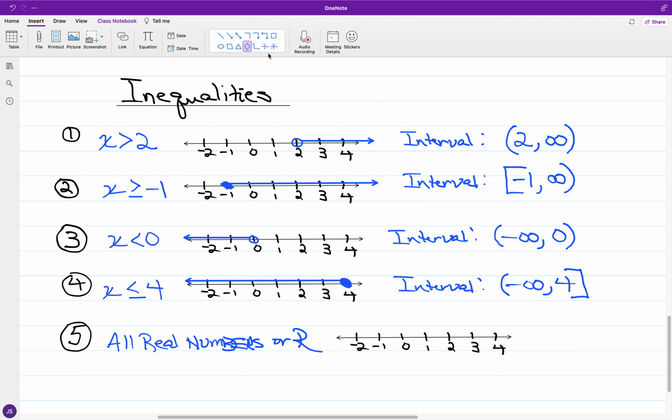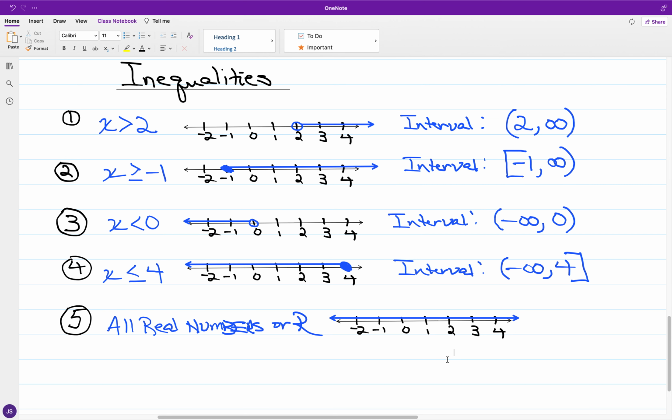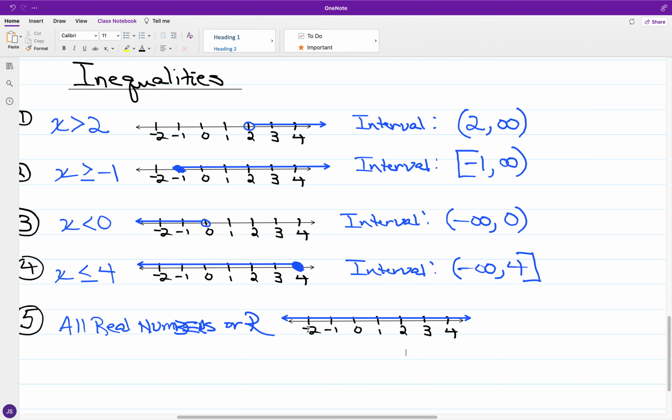And so what's going to happen here is that for the set of all real numbers, we're going to have a line running non-stop in both directions. So you're looking at all the decimals, all the fractions, all the rational numbers, all the irrational numbers, all the integers, all the non-integers, and we have it going continuously to both the left and the right.